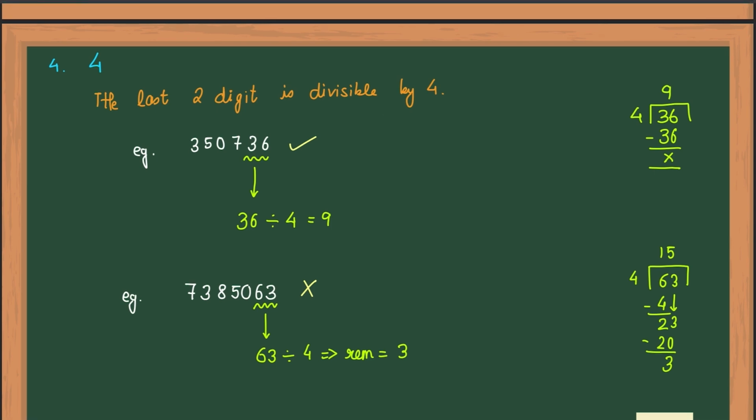Now let us consider our next digit, and our next digit is number 8. So over here, the rule says that in the given number, the last three digits must be divisible by 8.